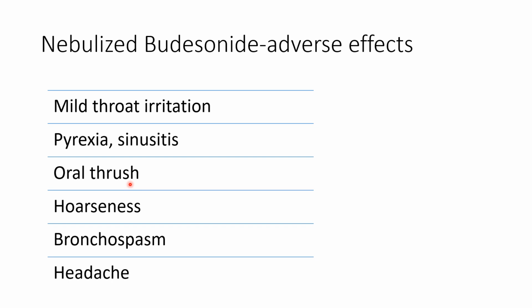It will prevent systemic absorption also, and also prevent fungal infection of the oral cavity and pharynx. Candidiasis can be prevented. Hoarseness of voice and sometimes bronchospasm can occur, and the patient may have a headache with nebulized budesonide. So these are the adverse effects of inhaled budesonide.